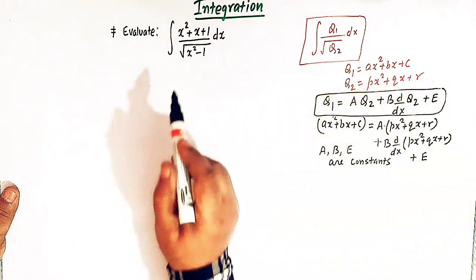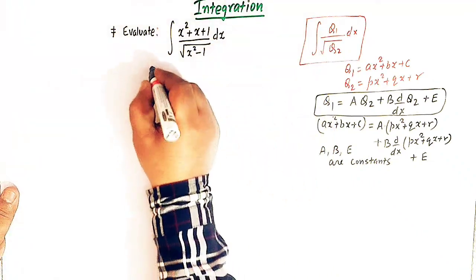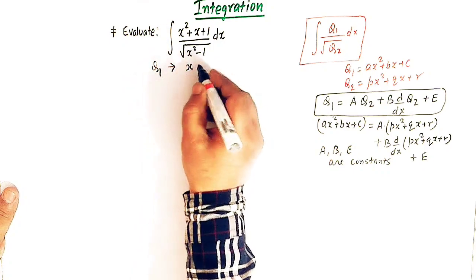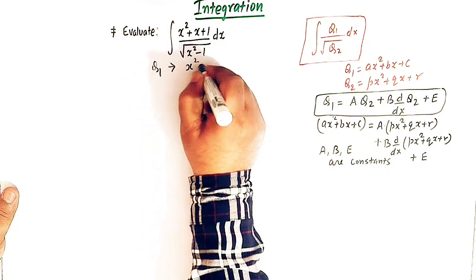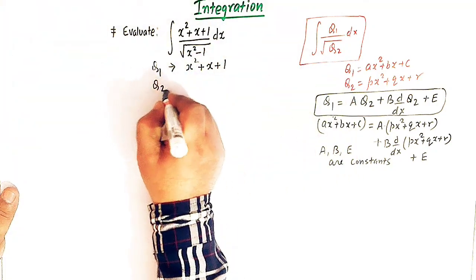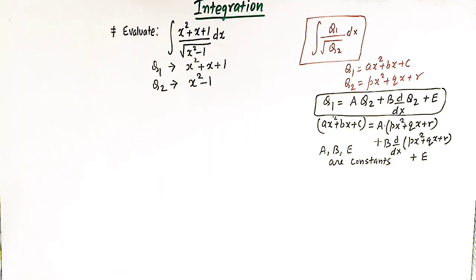So now we can compare this integrand with this one. So q1 is our quadratic polynomial, that is x square plus x plus 1, and q2 is given by x square minus 1.